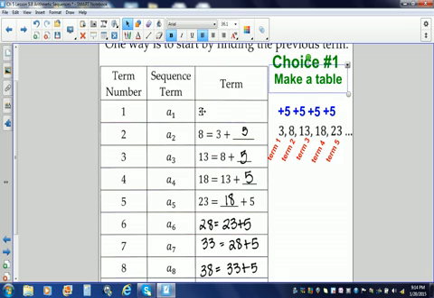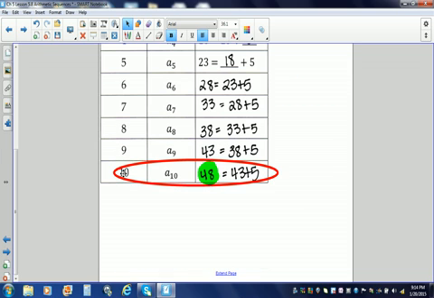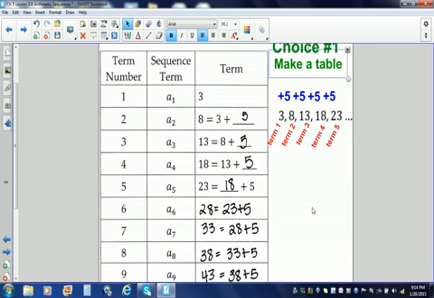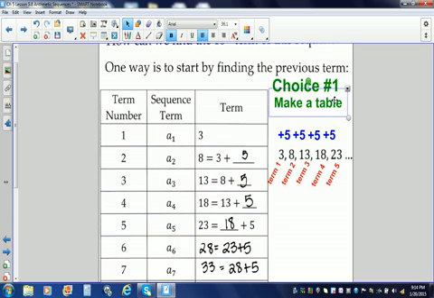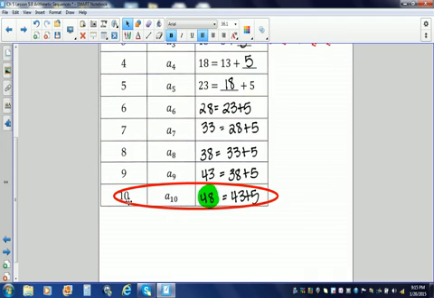So I could simply add 5 to each term, and keep doing that until I get to the 10th term, which should be 48. So choice number 1, make a table, find out how much each term is going up, or in some cases how much each term is going down by. Continue that pattern until you find the number you're looking for.